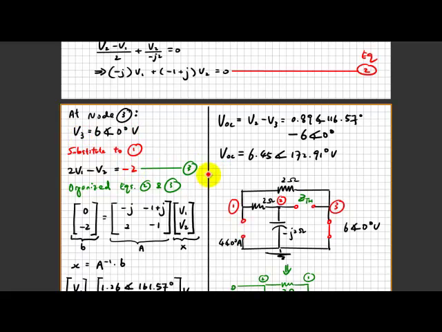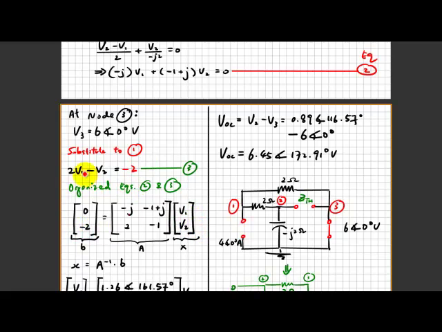What you care about is organizing the second and third equations and putting them into matrix form, which is here. Let's see if what I'm writing is correct. You have 0 minus 2, and then minus j, minus 1 plus j, corresponding to V1 and V2. So the first row is correct.